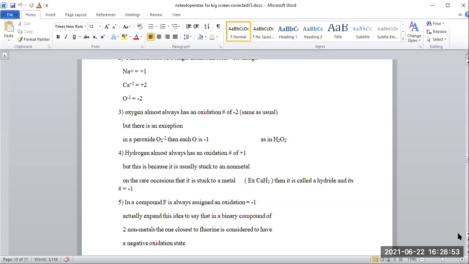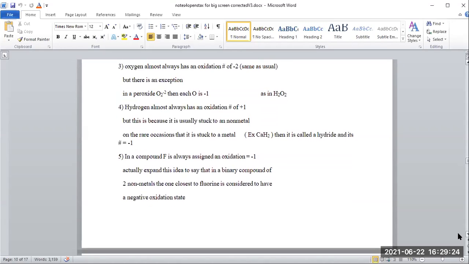If you happen to stick it to a metal, rare but does occasionally happen, not only is it written at the end of the molecule, because it is stuck to a metal, it is called a hydride, and we assume its oxidation number is -1.